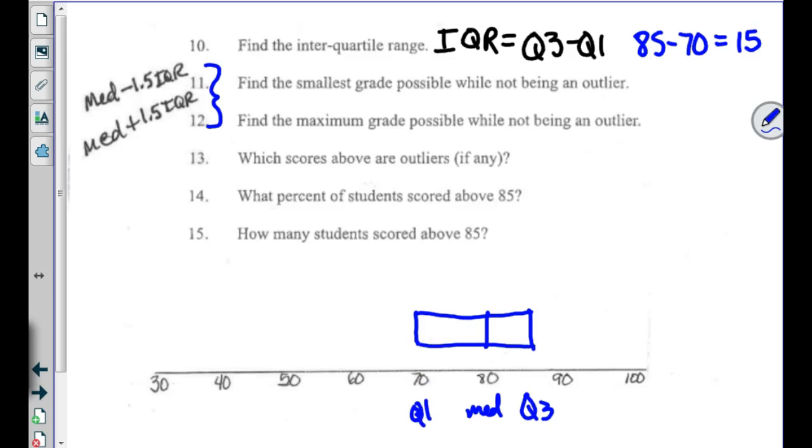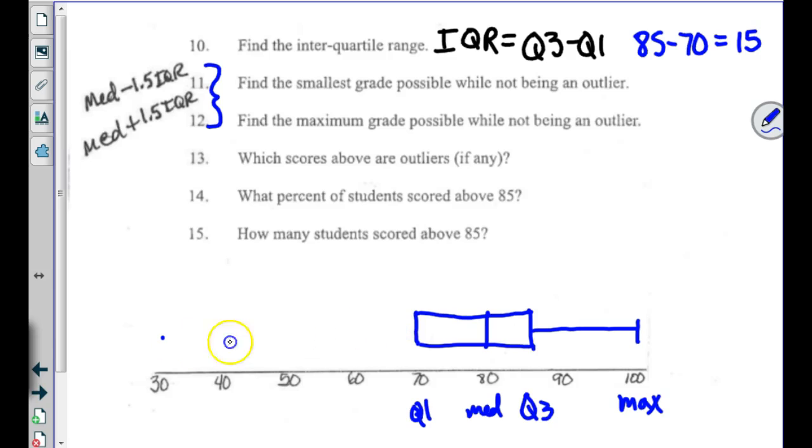It's always Q1, median, Q3. And then we have these whiskers that go out to the top and the bottom. But our maximum score was 100, so that one seems like it's going to be okay. Our minimum score of 30 is, I think, going to be an outlier because the funky little definition is the whisker can't be longer than 1.5 times the box.